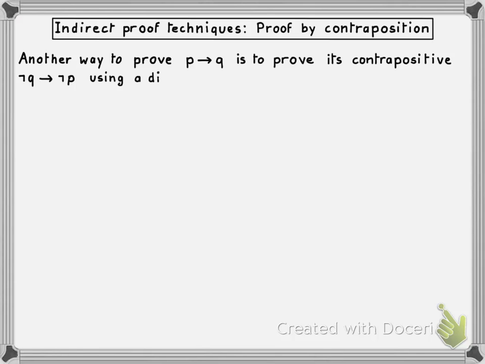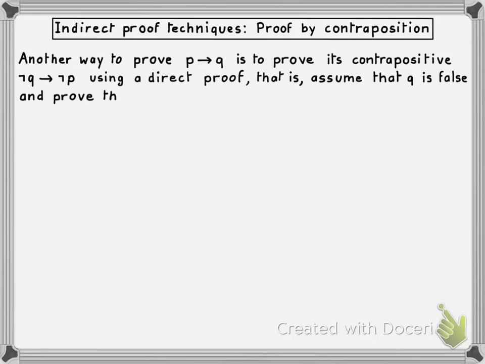And what that means is we're going to assume the hypothesis, in other words, not Q, or Q is false, and we're going to prove under this assumption that the conclusion not P is true, therefore that P is false. So that is the proof technique called proof by contraposition.